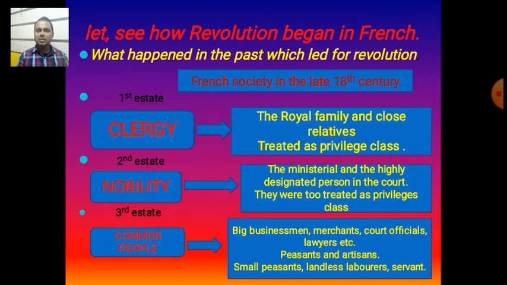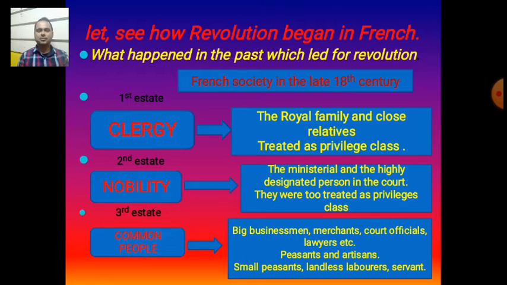These common people consisted of big businessmen, merchants, court officials, lawyers, teachers, doctors, peasants, lenders, laborers, and other departmental servants. This is how in the late 18th century the French society was divided.